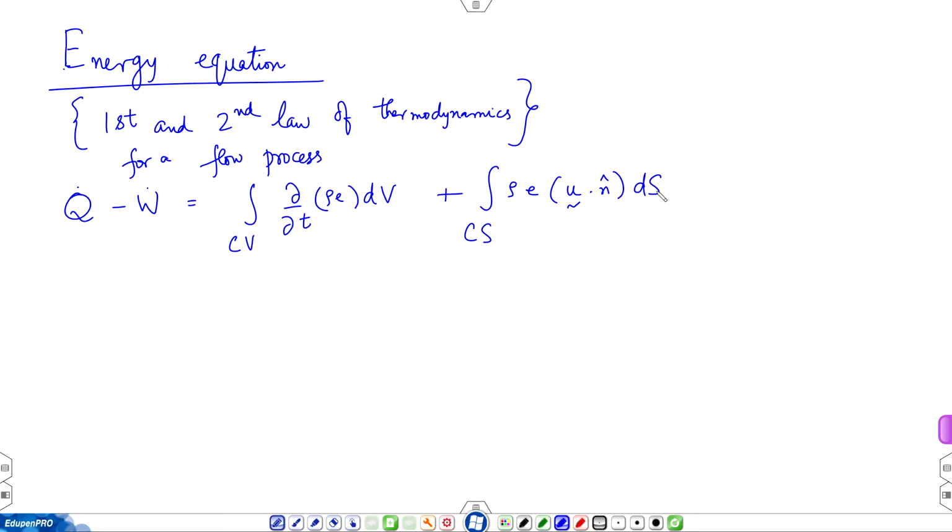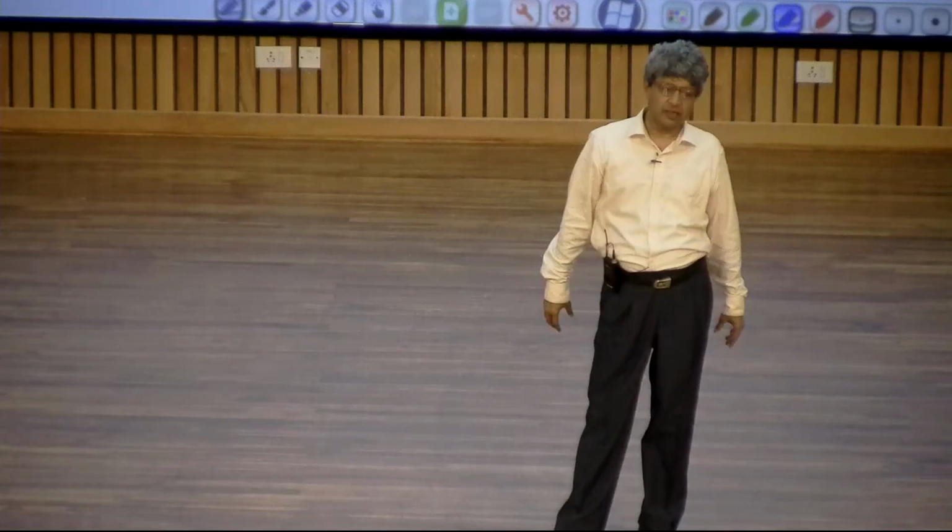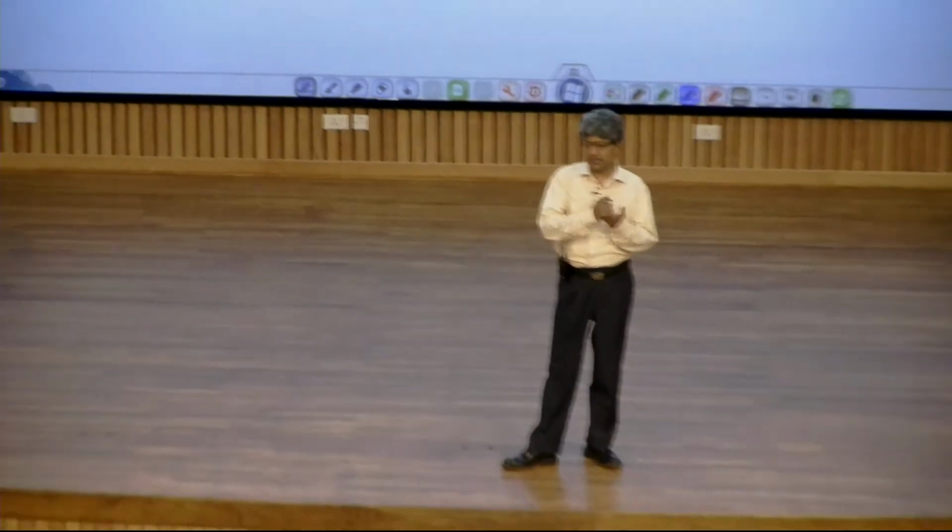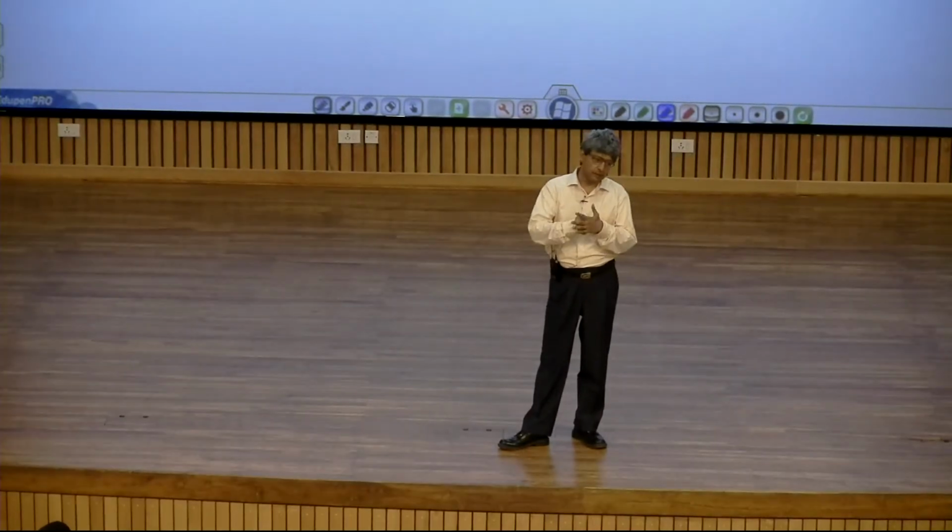By the way, I should mention that our analysis is at the global level. That is how we start with a control volume. Slowly we will transit to local analysis, but for your quiz number 2, we will restrict our attention to global analysis, mass, momentum and energy equations, global, which means you start with a control volume.